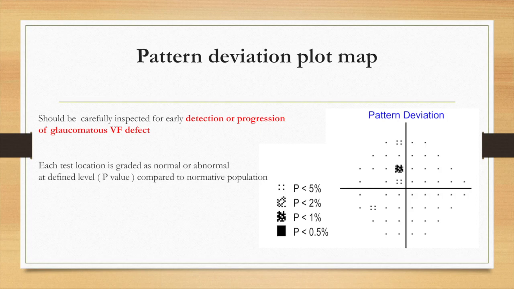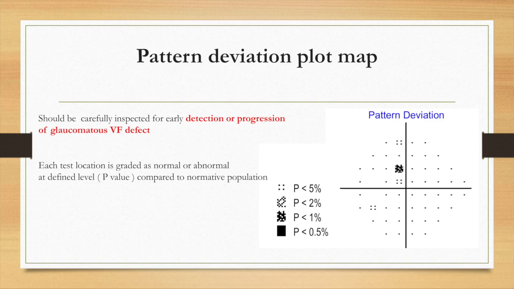And each test location, as we can see, is graded as normal, where normal is the dots, and abnormal as a defined level of p-value compared to the normative population.